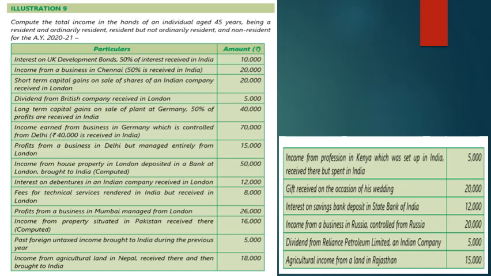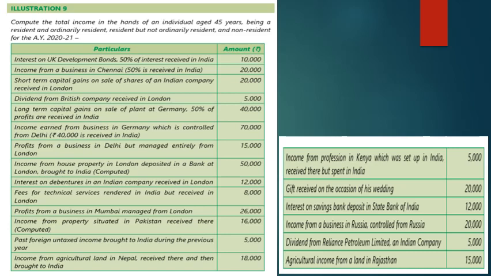Long-term capital gains on sale of plant at Germany, 50% of the profit received in India, 40,000. Income earned from business in Germany, which is controlled from Delhi, of which 40,000 is received in India, amount 70,000. Profit from a business in Delhi but managed entirely from London, 15,000.